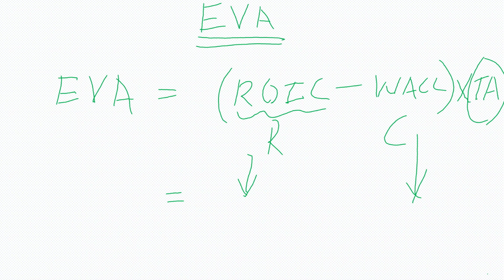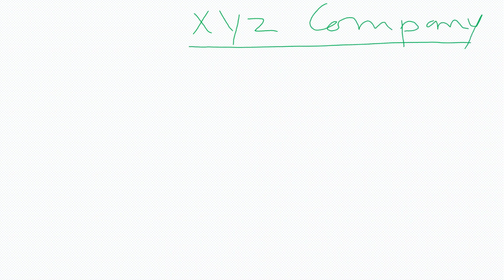So let's see an example for our XYZ company. I'm just going to calculate this EVA for XYZ company for year 5. From my earlier videos, you must have noticed that the return on invested capital is 18.46%.